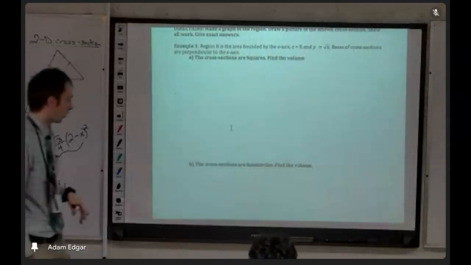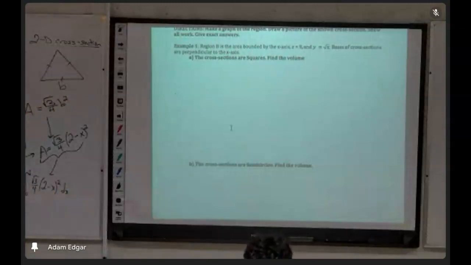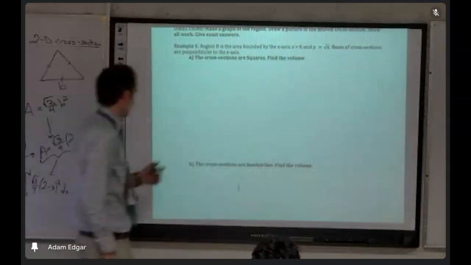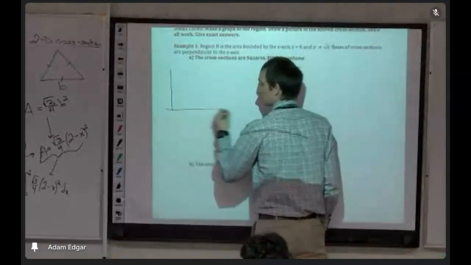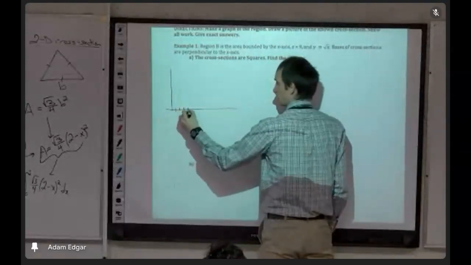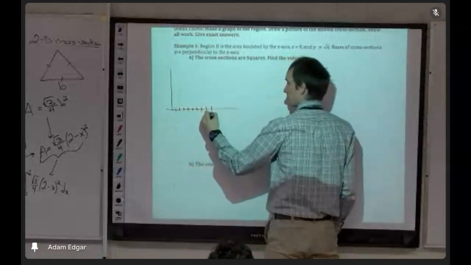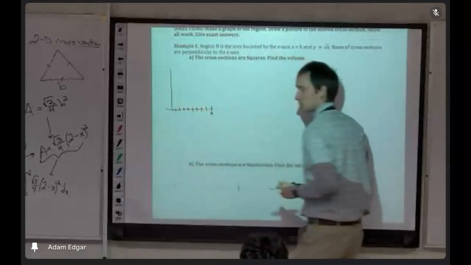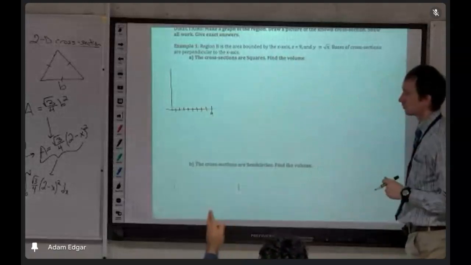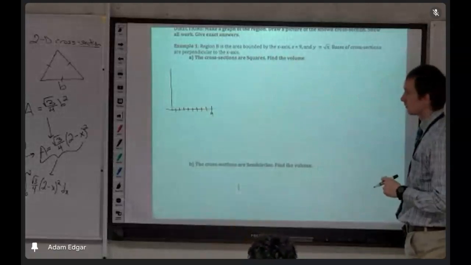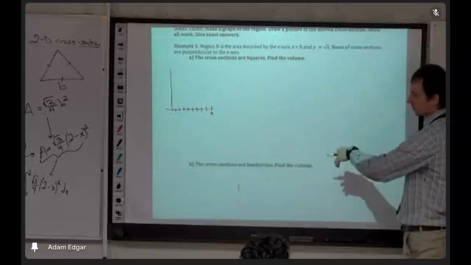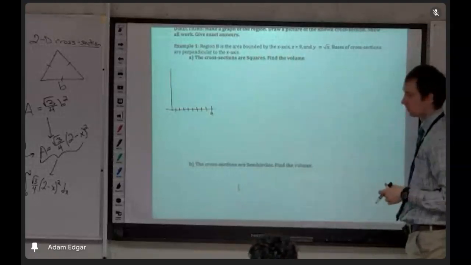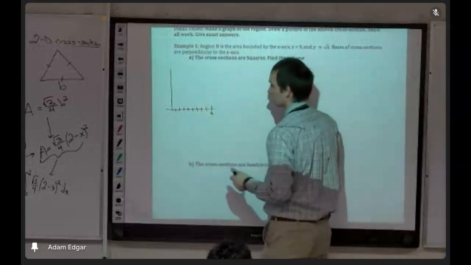So we start with making a graph. I just drew it, and then I start filling in tick marks. If it's too long, I erase some. If it's too short, I add some.